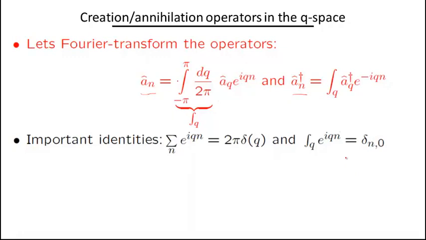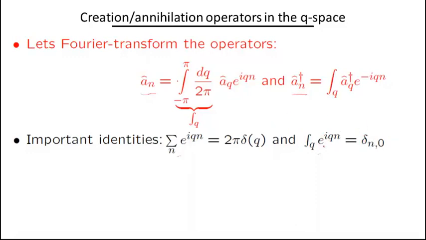There are a couple of identities that I want to emphasize without deriving them. The first one is the sum over all integers, basically over all the oscillators in our problem, so n goes from 0, plus minus 1, plus minus 2, etc. If I sum over all these n's, these exponentials will give rise to 2 pi times the delta function. And the inverse identity to it: if I integrate the exponential from minus pi to pi, then the right hand side is going to be a delta symbol.